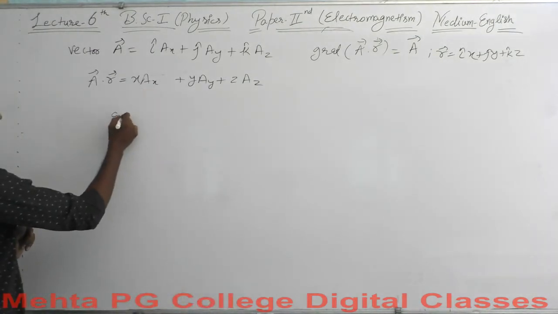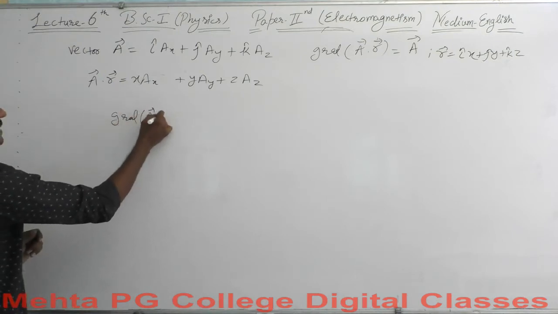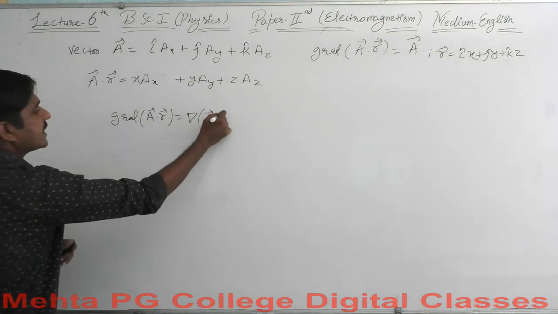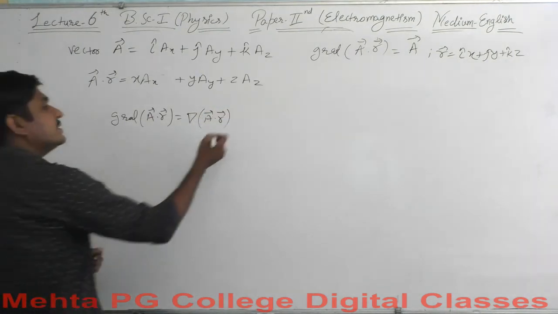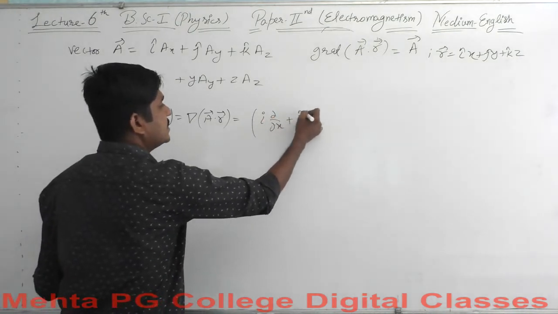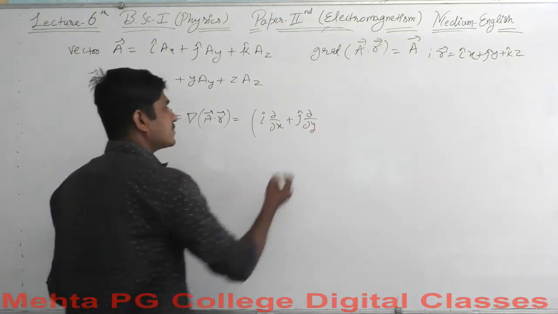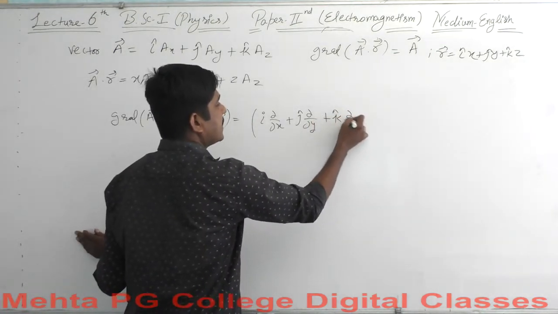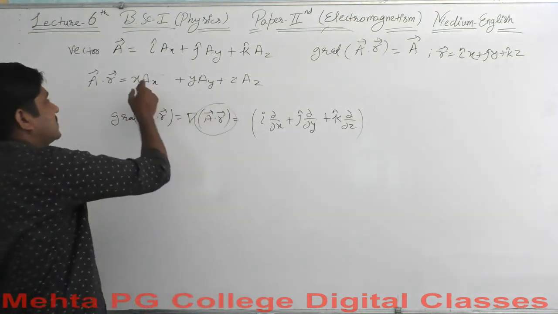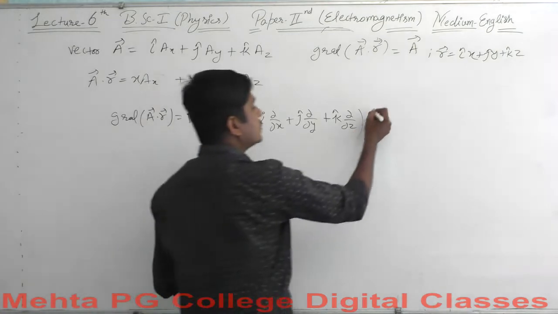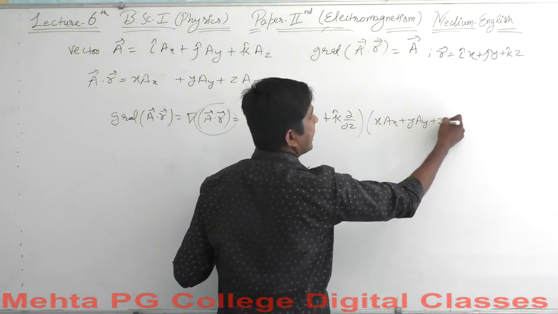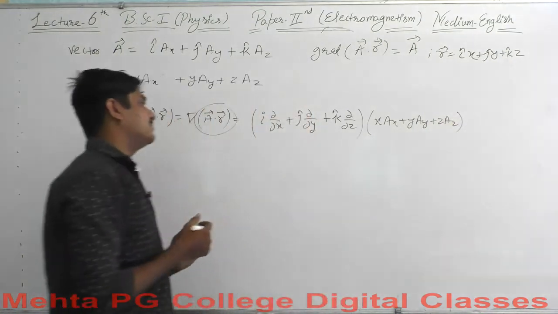The gradient of A vector dot r vector is equal to the del operator operating on A vector dot r vector. Del operator is i cap curly over curly x plus j cap curly over curly y plus k cap curly over curly z. And the value of this is x Ax plus y Ay plus z Az.